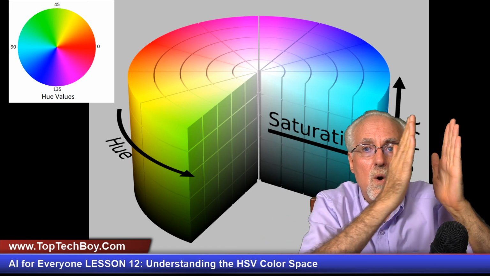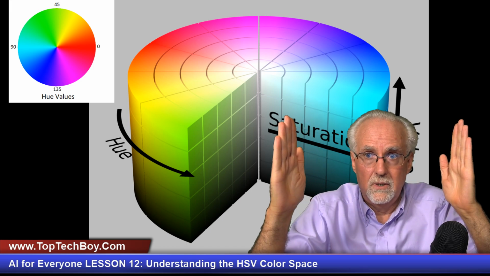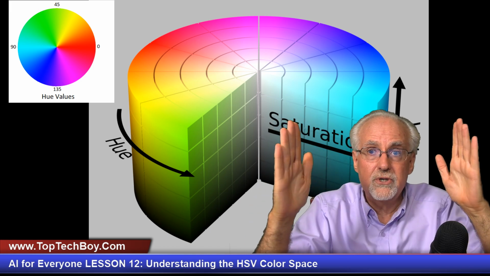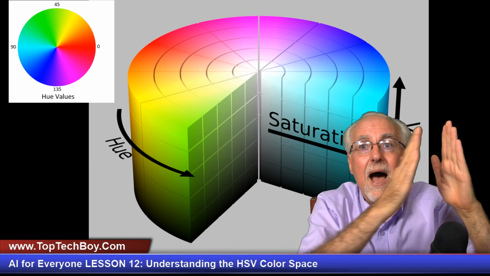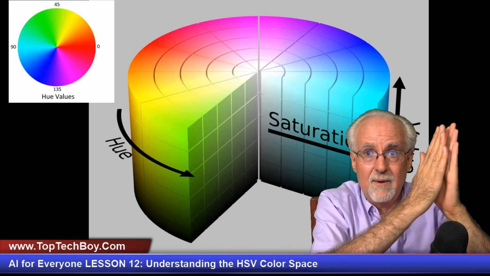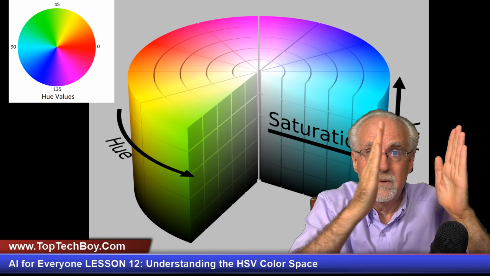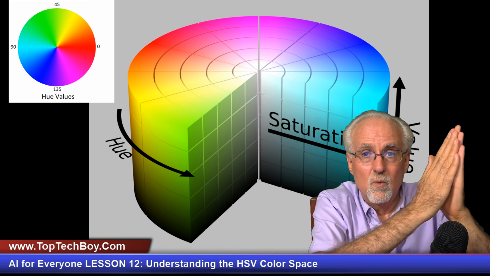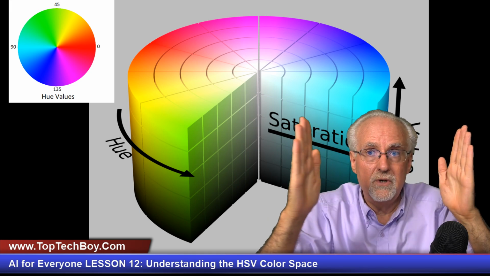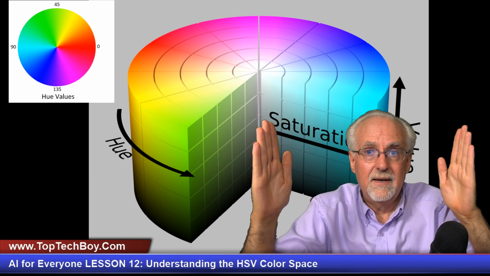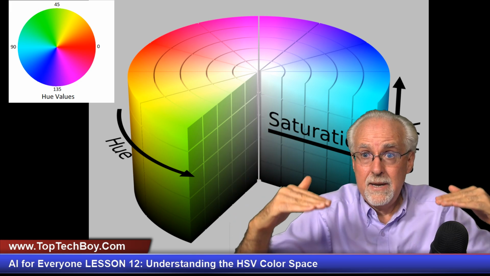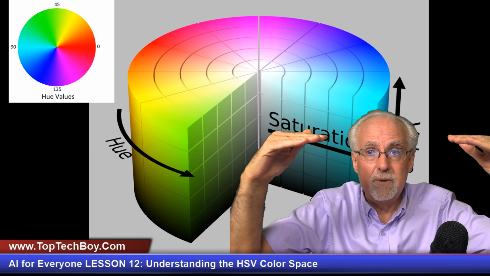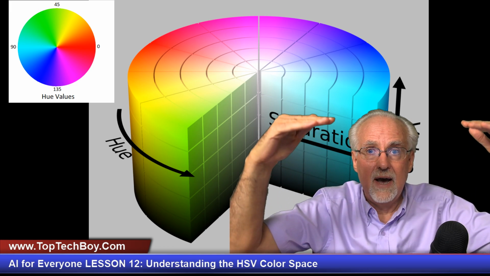As you go across your OpenCV window, I want the hue to change from 0 to 179. Remember, you stop at 179. Then up and down, I want the saturation to go from 0 to 179.